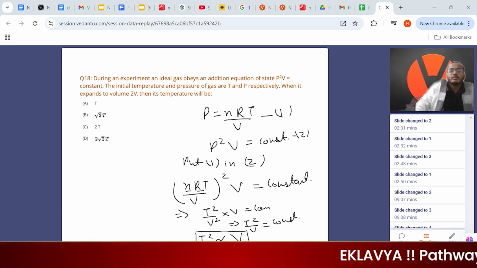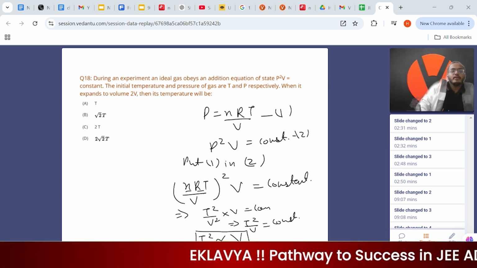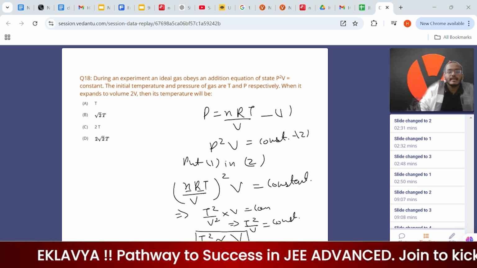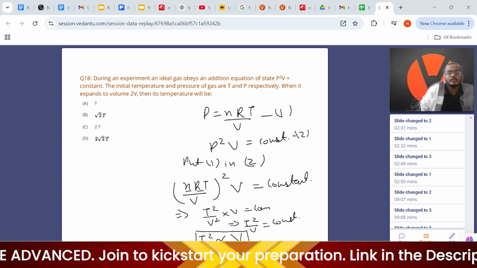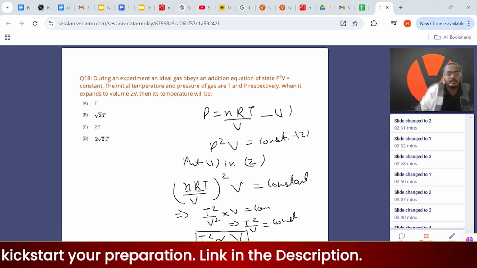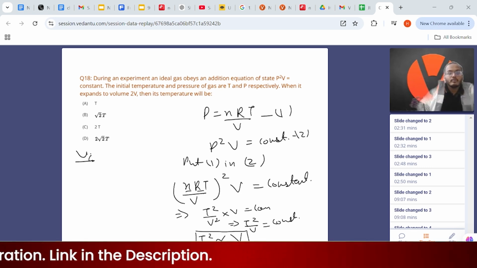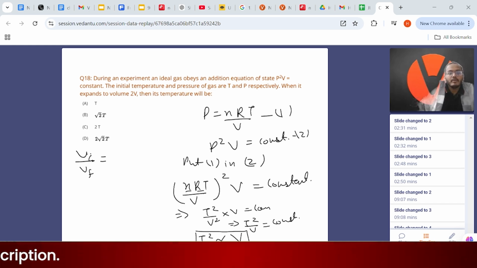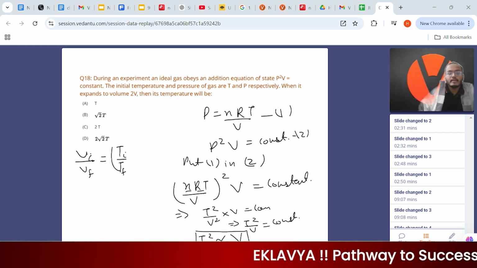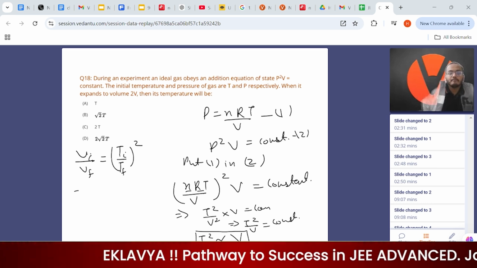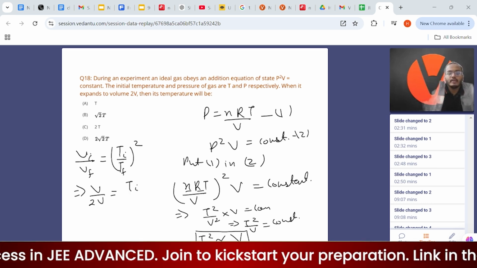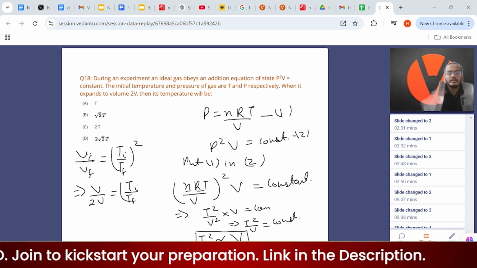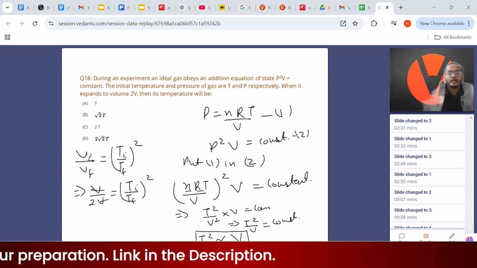Now they are saying that the volume expands to 2 times. So what will be the change in temperature? Okay, so V initial by V final will be equal to T initial by T final squared. V initial was V, final was 2V, so it will be Ti upon Tf squared.